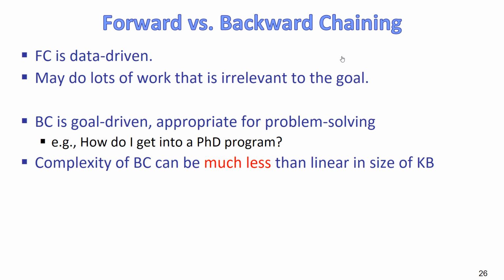But backward chaining is goal driven. So we only focus on the things that are needed to satisfy the goal that we have in hand. So we don't do any irrelevant work. We don't do any redundant work also in forward chaining. But the idea here is that we don't need to explore some rules that will not be useful to us.